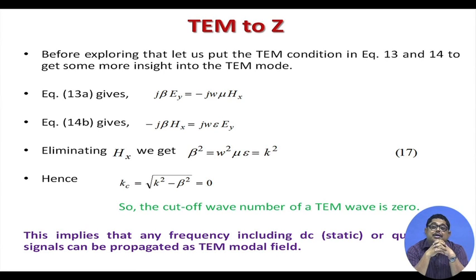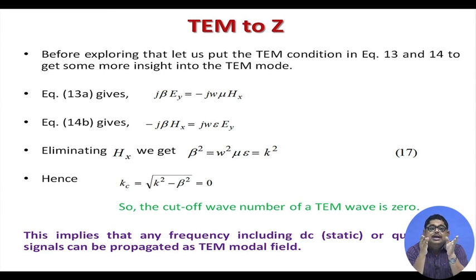Now, this is very advantageous. As I said while explaining the physical significance of the cutoff wave number, the cutoff will happen at a particular number, and the cutoff frequency is related to the reciprocal of this.